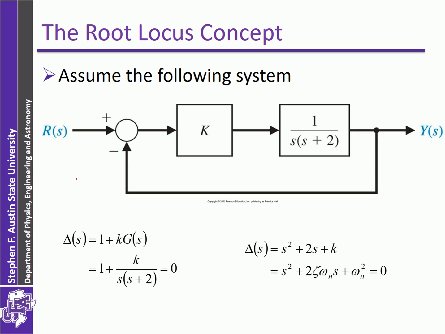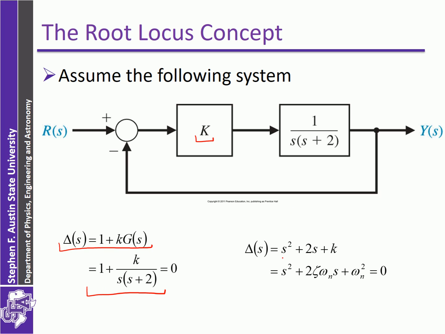So let's assume we have a system like this, or we have our same system. So it's our parameter k, and then we have 1 over s times (s plus 2). When we find our characteristic function, delta(s) will be equal to 1 plus kG(s). So we write everything in terms of our values, and then we have basically our characteristic equation.